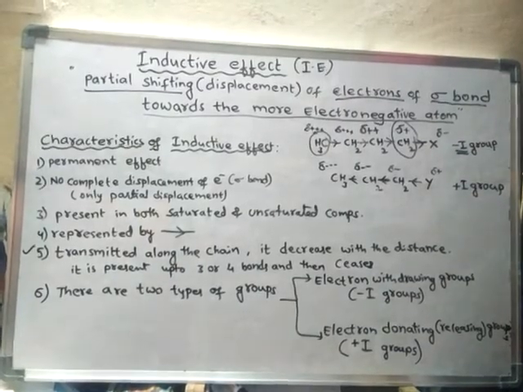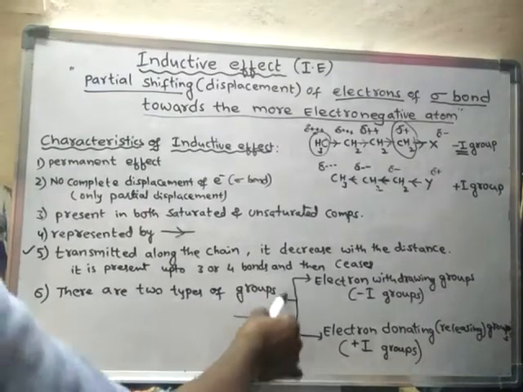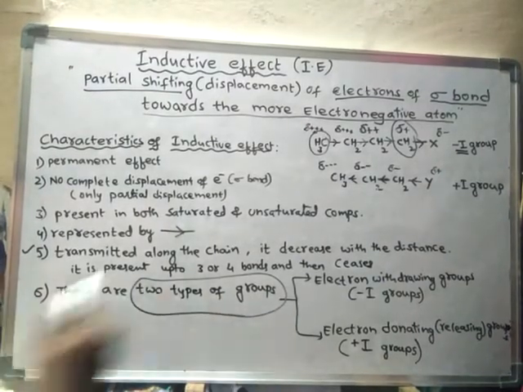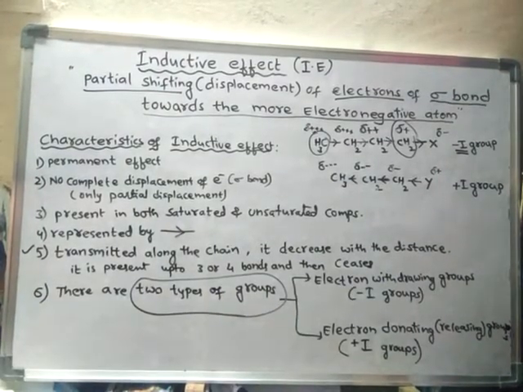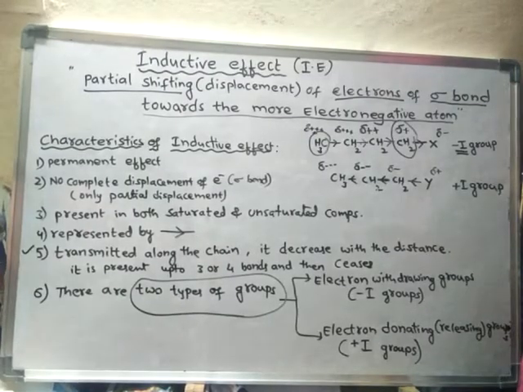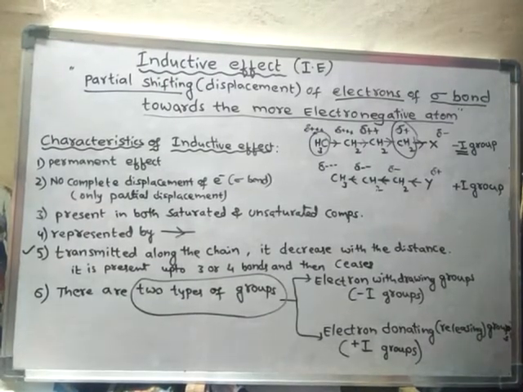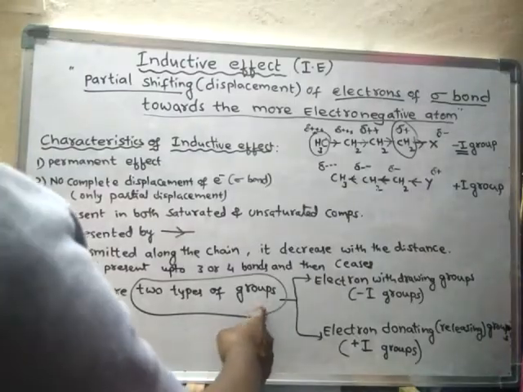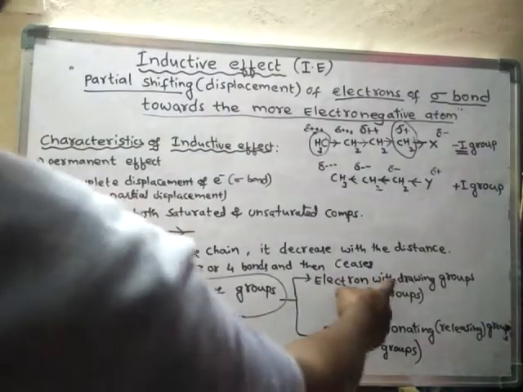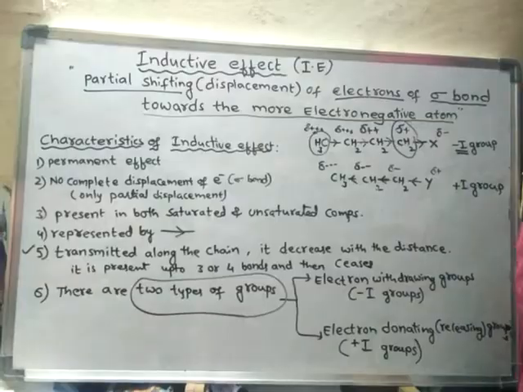Okay. Next, there are two types of groups that create the inductive effect in the molecule. What are those two types of groups? One type are called electron withdrawing groups. They are also called minus I groups.